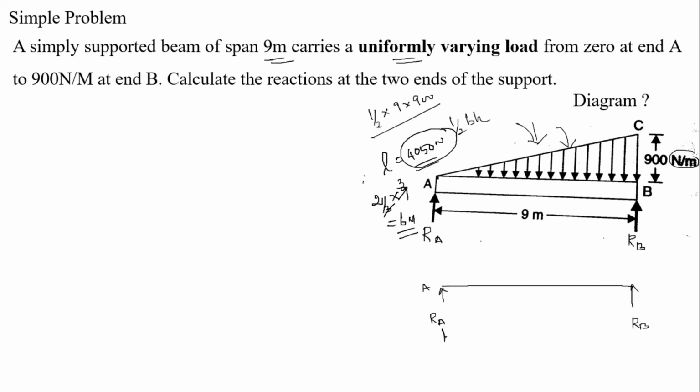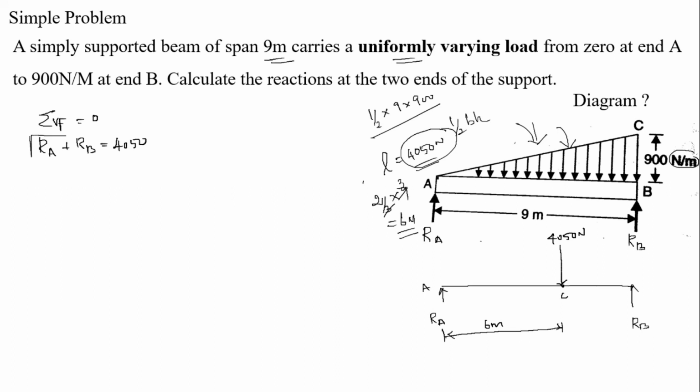So from A, 6 meter, the point which is called C, at C the point load 4050 Newton is acting, right? Now we have to calculate RA and RB, right? So for that, sum of vertical forces is equal to 0, right? So RA plus RB is equal to 4050, right?